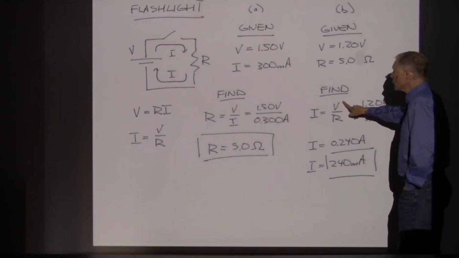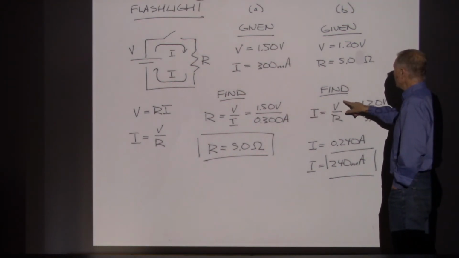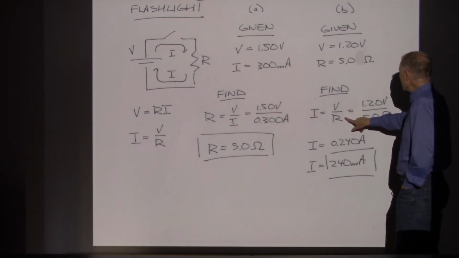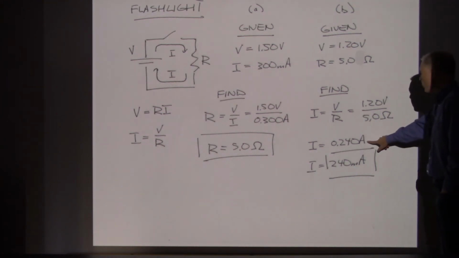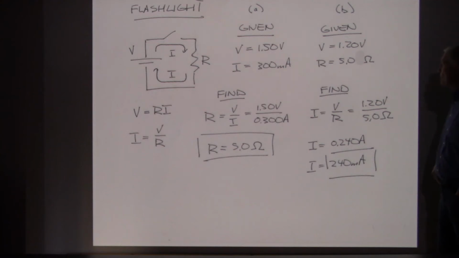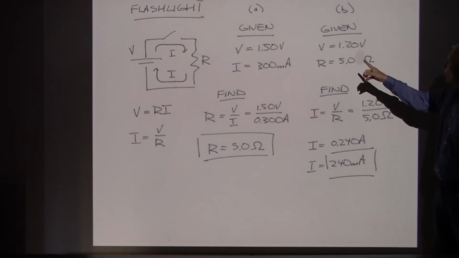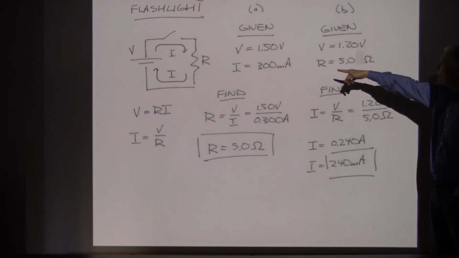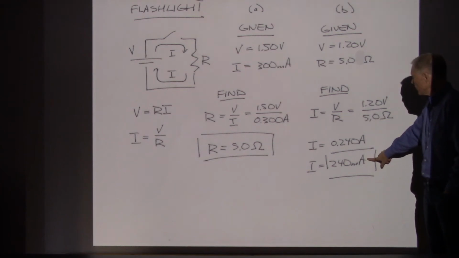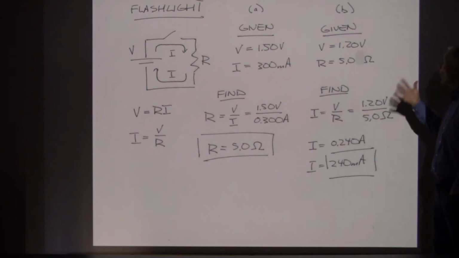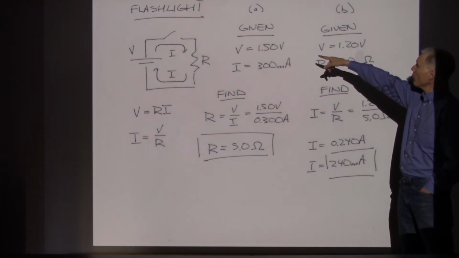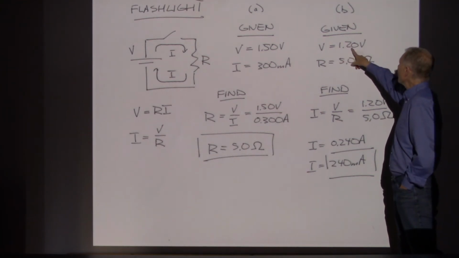And for that, I can go back and flip my formulas around. Current will be given by V over R. That's going to give me 0.240 amps or 240 milliamps. So where we used to be producing 300 milliamps, the current now has dropped to 240. Also, what used to be 1.5 volts is down to 1.2.